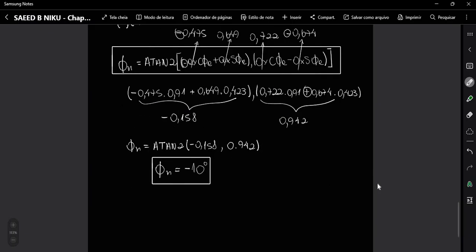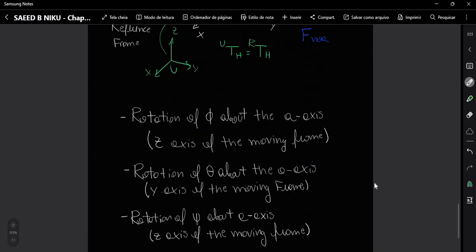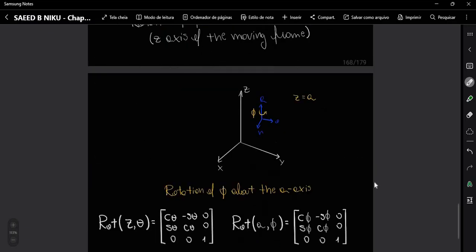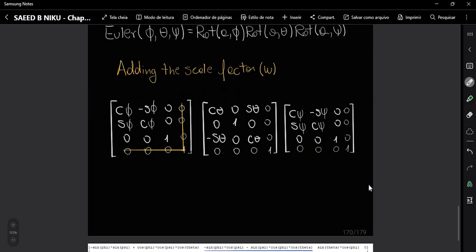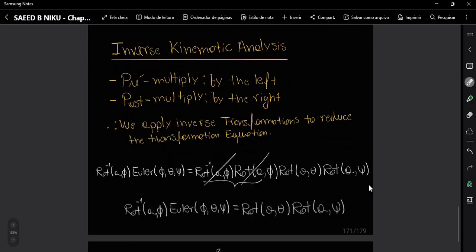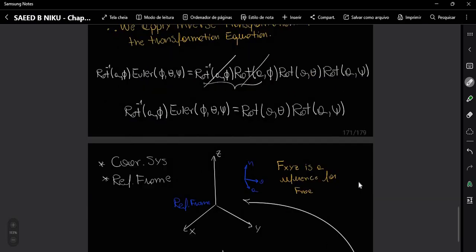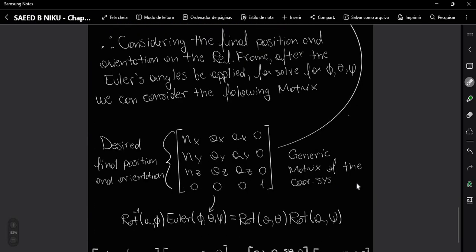Comparing with the answer in the book, it doesn't look much like the book. The results are diverging, but with more time I intend to get back and try to find a solution or an explanation for this divergence of the results.